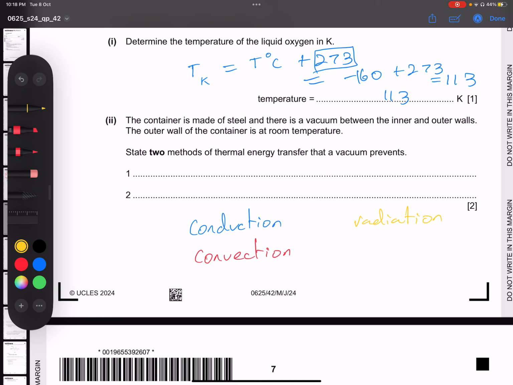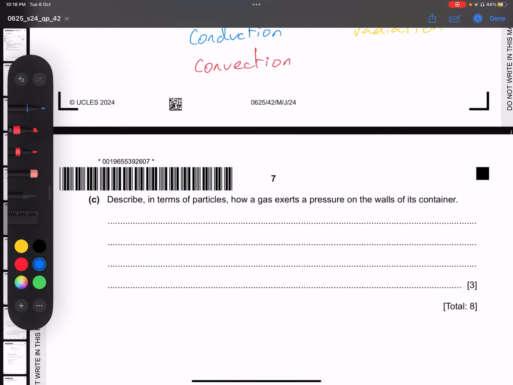So conduction and convection are the two things that are prevented, whereas radiation can happen even in a vacuum, since it is just electromagnetic radiation, and electromagnetic radiation does not require any medium to pass through.